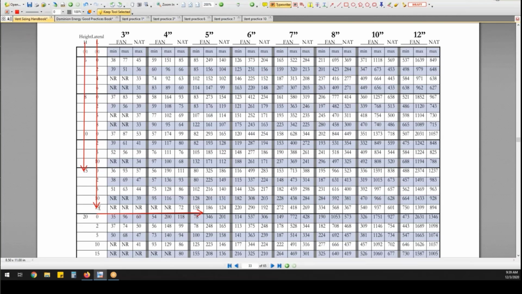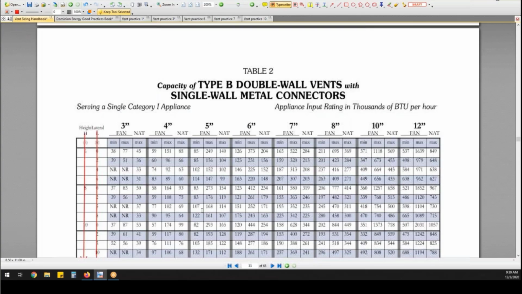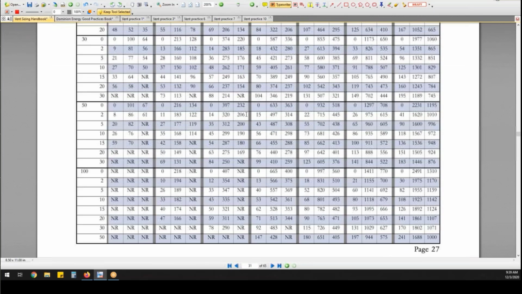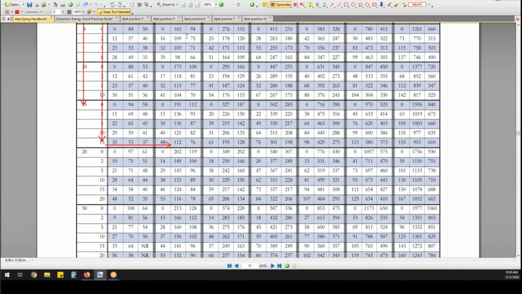All that single wall pipe, because there's so much of it, I've got to have a minimum of 158,000 BTUs of heat energy to keep it hot enough to move the flue gases. And I don't have that. I've only got 60,000. So single wall connector is not even an option on this one. I've got to do everything in double wall, okay?